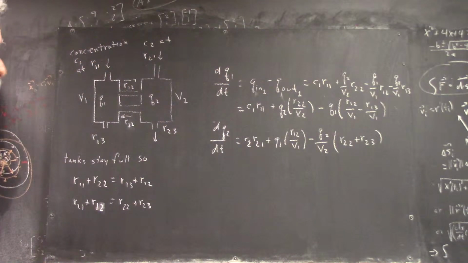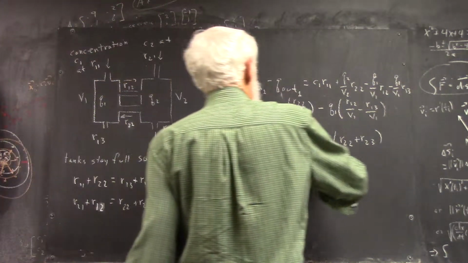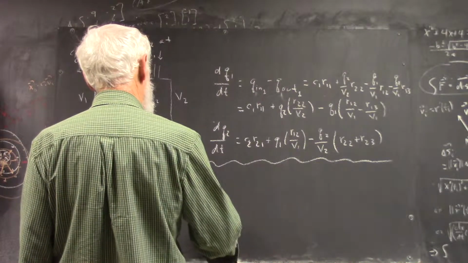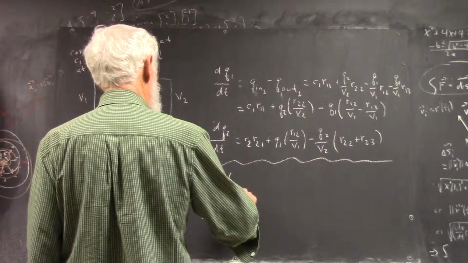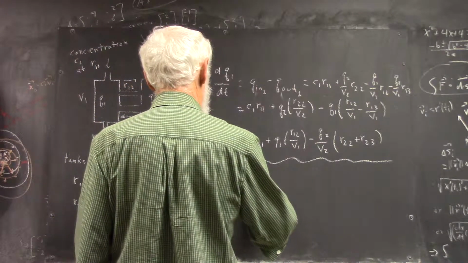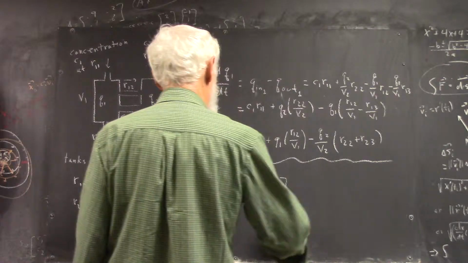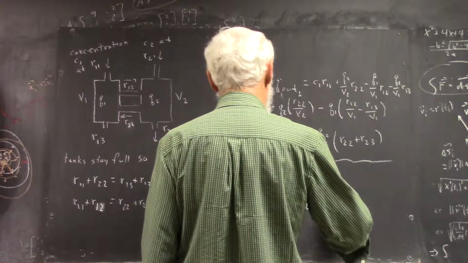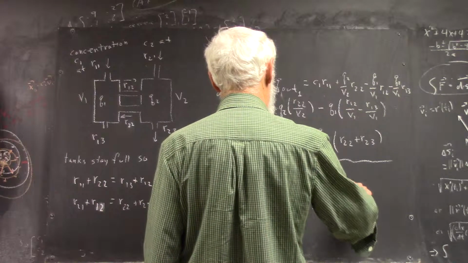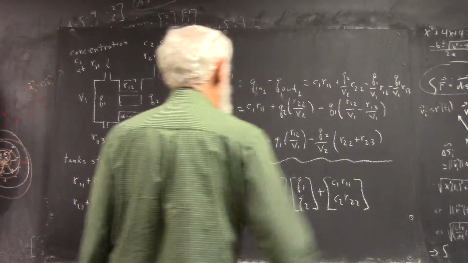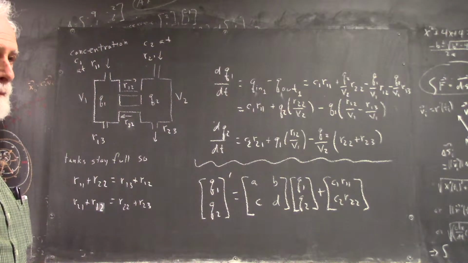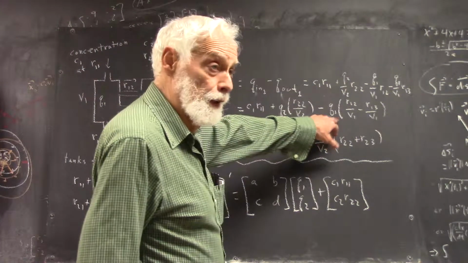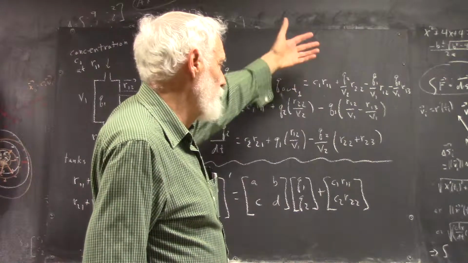Okay? So now we have an equation of the form, okay, where A is whatever the coefficient of Q1 is here, negative, well, R13 minus R12 over V1, right?